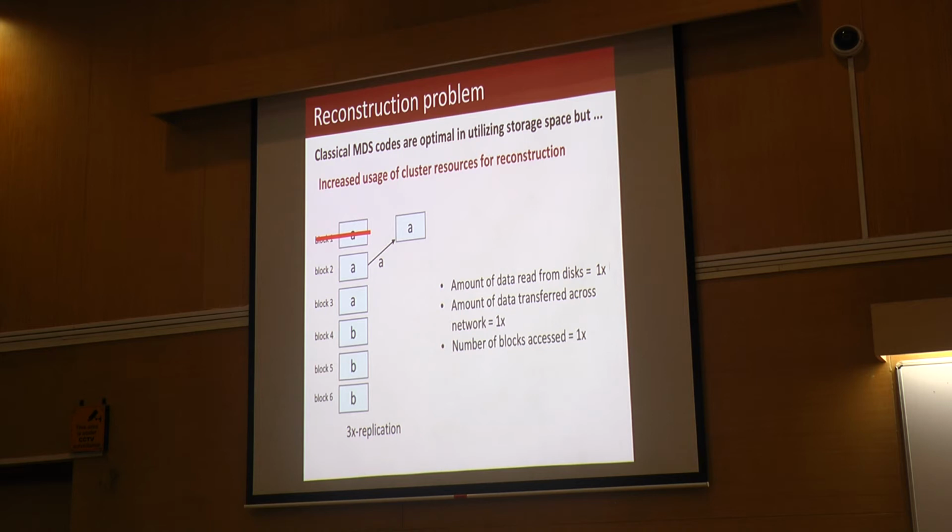Similarly, the amount of data transferred across the network is equal to the amount of data that is missing. And the number of blocks that you have to access is also equal to the number of blocks that are missing. Here, one block is missing and we read from another block, so you access only one other disk.